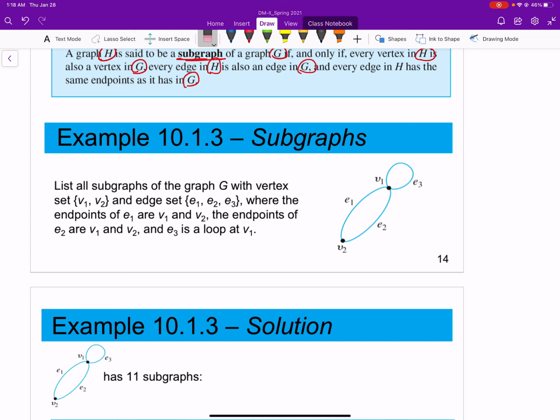List all subgraphs of the graph G with vertex set v1 and v2. These are the vertices v1 and v2, and edge set e1, e2, e3, where the endpoints of e1 are v1 and v2. That's clear.